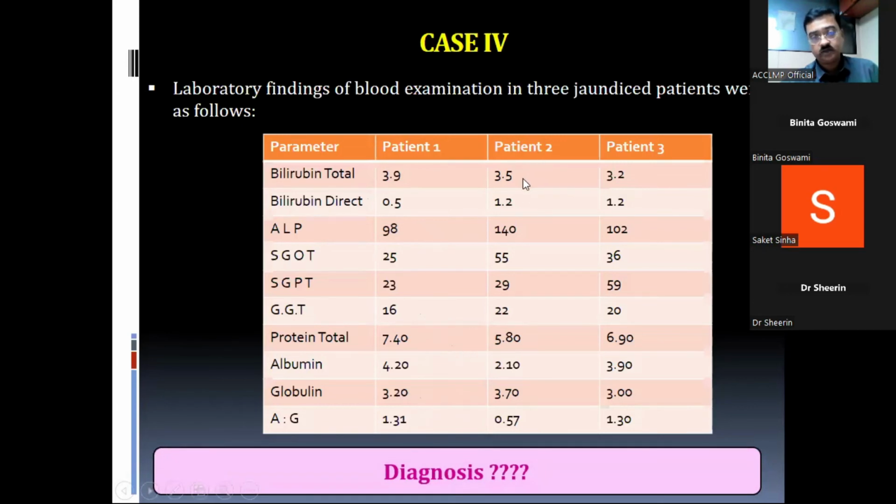Patient 2 has a similar hyperbilirubinemia, but the only difference is a slightly raised alkaline phosphatase, almost negligible, that I cannot say it's a raised one. But look at the AST, ALTs, and look at the proteins. Now let me know what the diagnoses of these three are.